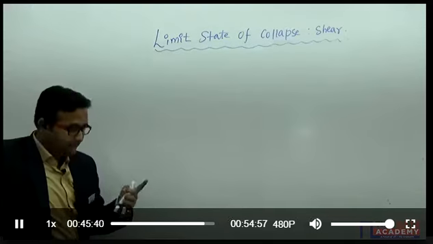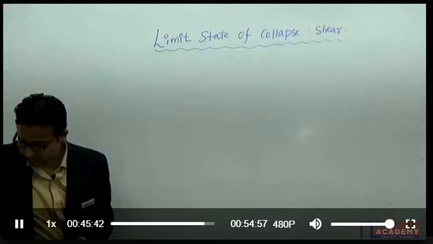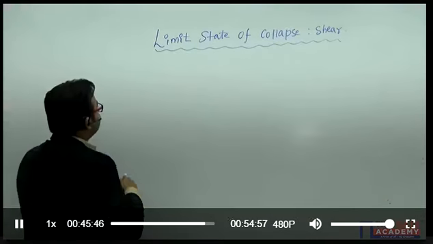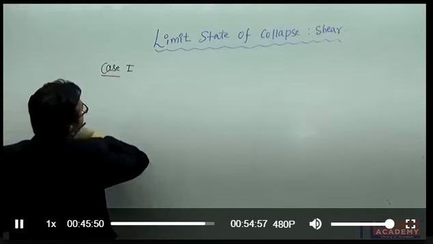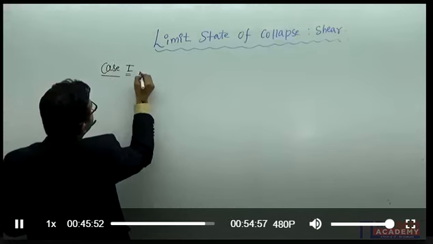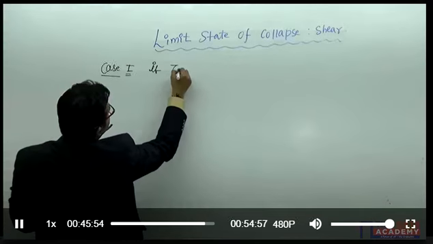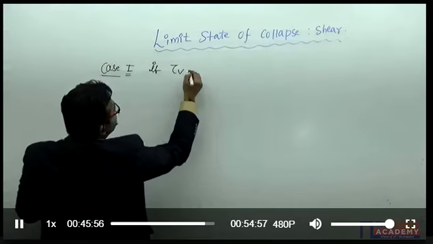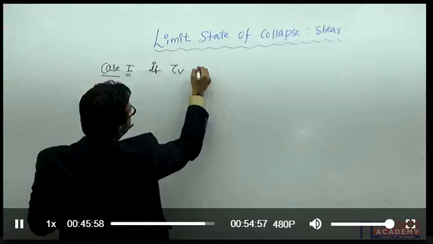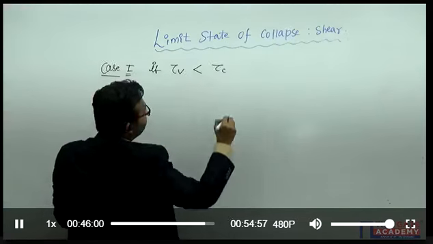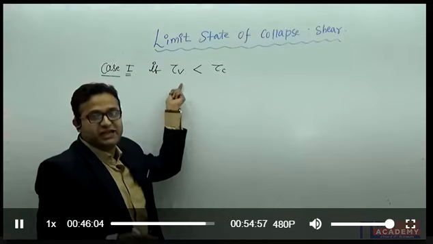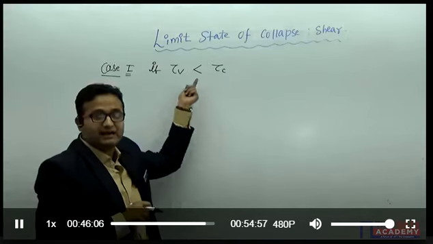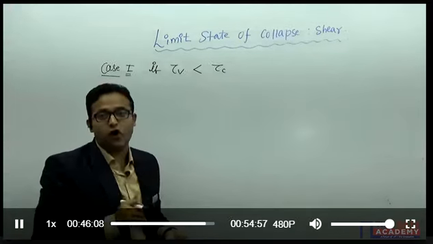So case 1: if tau v is less than tau c, it means whatever the shear stresses are coming, they are less than the shear strength of concrete.